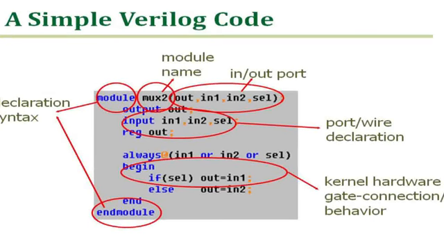So you see a simple Verilog code in this slide where we have tried to implement a 2-to-1 multiplexer. As you can see, there are 2 inputs, 1 output and 1 select input. That is what we describe using the declaration syntax of the module, which is basically the module name, and then within brackets you write the parameters you want to obtain as output.